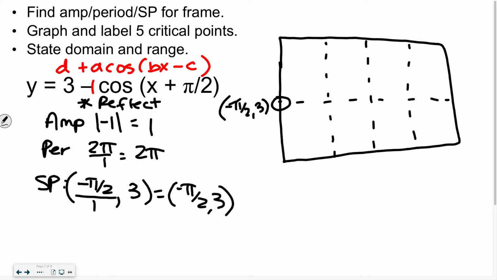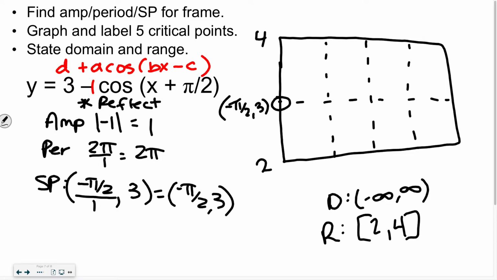And what's your min point? 2. So 4 and 2, which means for my range, it's going to be 2 to 4. Just because my amplitude is 1 doesn't mean my range is -1 to 1. I have to look at it in terms of the graph. The vertical shift moved it up 3, and then it varied by 1. So it's really from 2 to 4.